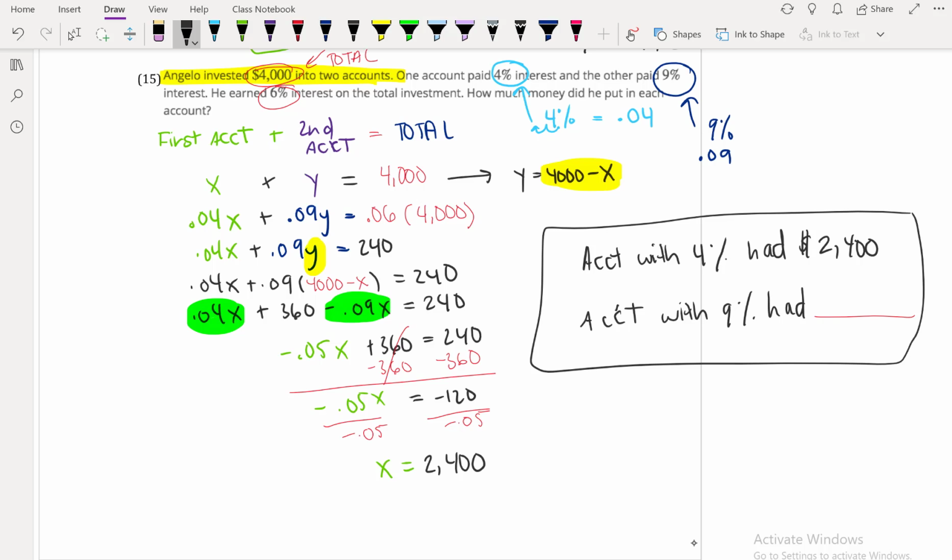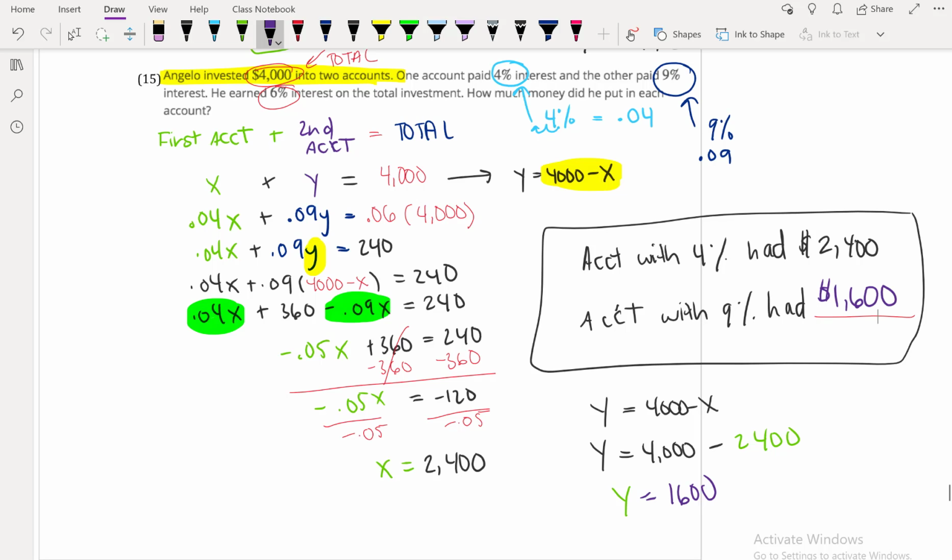Well, you already know that y is equal to 4,000 minus x. And you know what x is equal to. So 4,000 minus 2,400 will give you 1,600. So 1,600 was invested in the account with 9%.